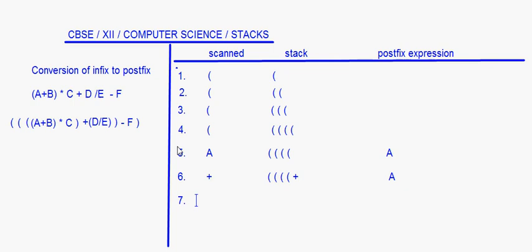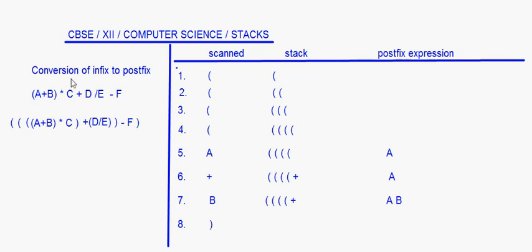After that you have B. Here the brackets and the plus sign are there, and now here you have A and B like this. After A plus B, what do you have? You have a closing bracket.